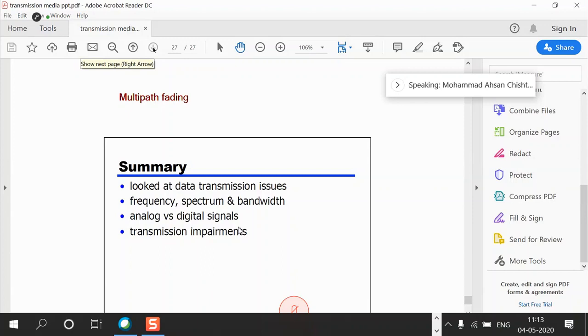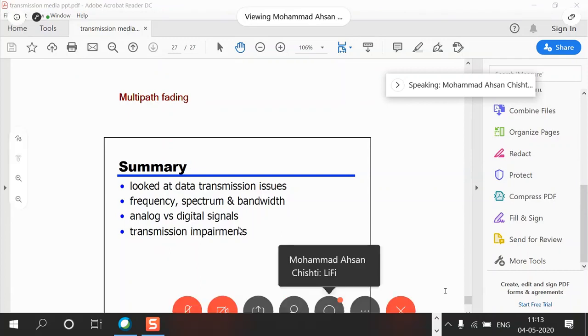If we use fiber, it's guided. If you do not use fiber, we just use light for communication. It is unguided. Like you might have heard the term Li-Fi. Li-Fi. Then Wi-Fi, you have Li-Fi.